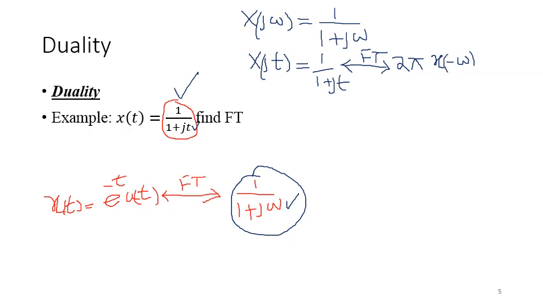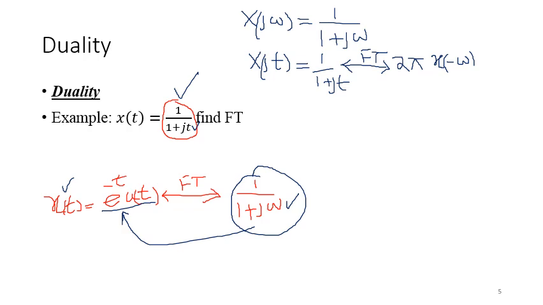Now what was the time domain signal for this one? The time domain signal is simply e power minus t u of t. So here I'll just replace t by minus omega.